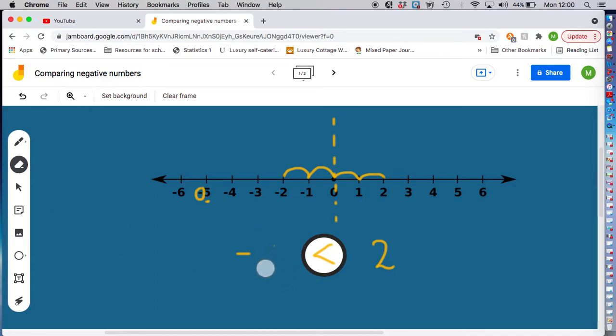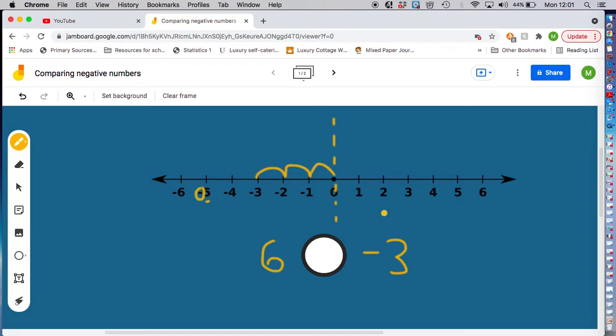But let's have a look at another example, still using our number line, and then we'll extend the number line a bit more. So let's have a look at 6 and -3. This is my positive number. It's 6 above 0. Or is it -3, which is 3 below 0?